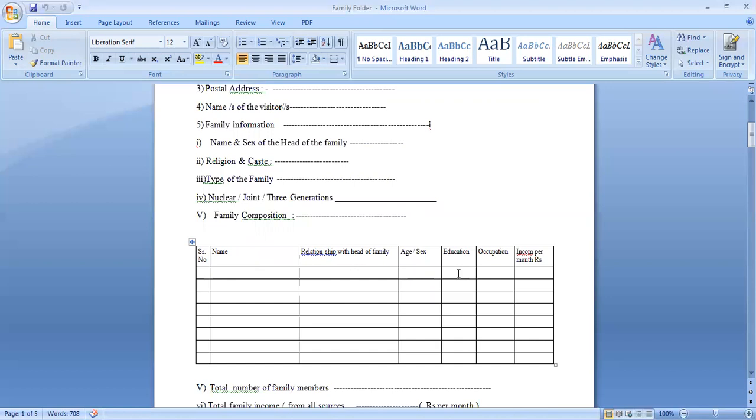So you have to write down the highest educational level of that person, whether he is high school, intermediate, 10th, or primary. Now if a person is not educated but he can read and write, then you can write just literate. But if a person cannot read or write in any known or valid language used in our country, then he may be written as illiterate.